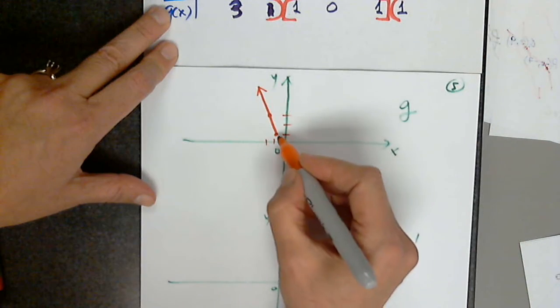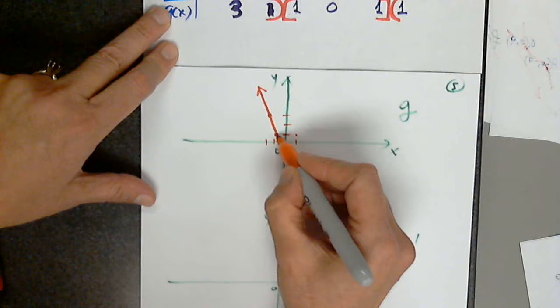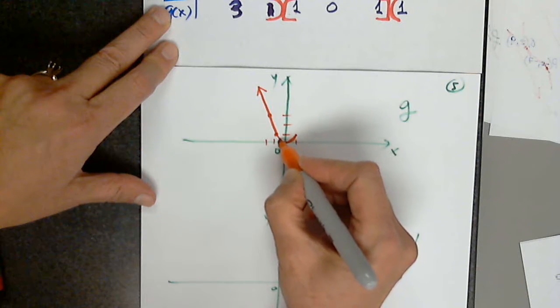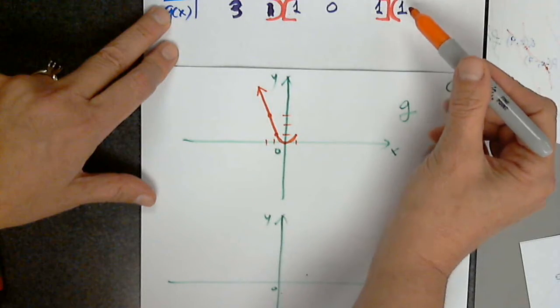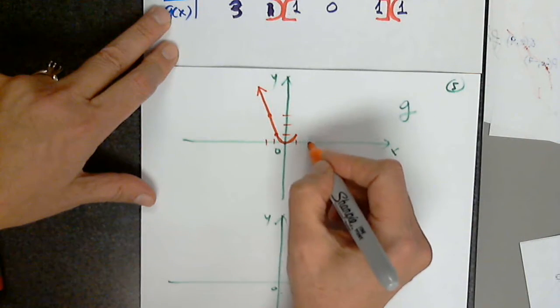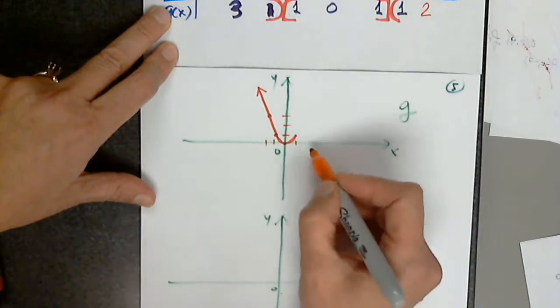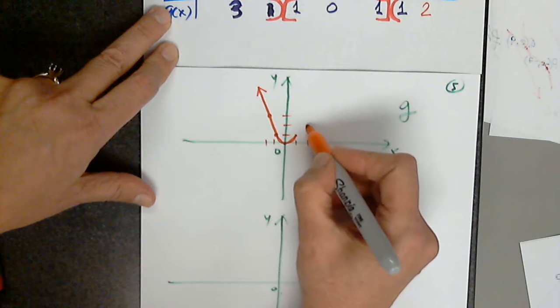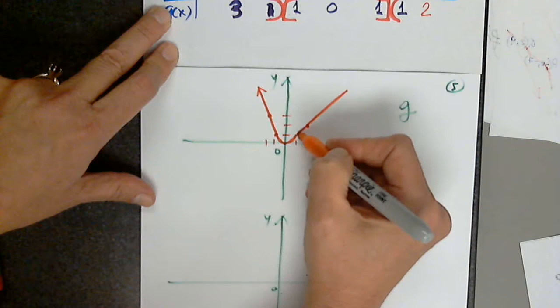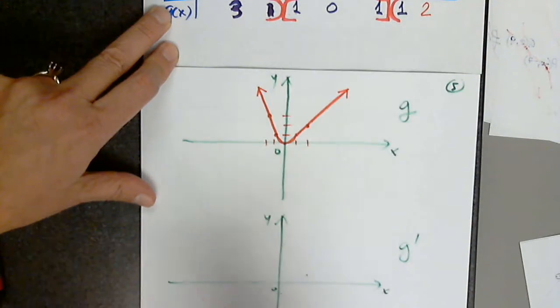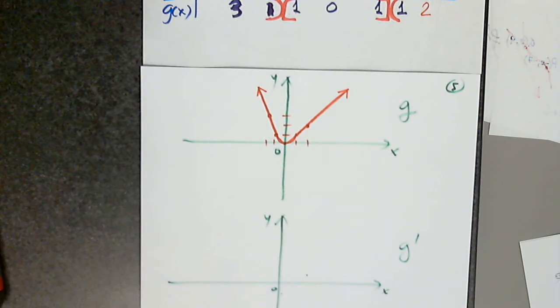Then in the middle, this is quadratic. And then another linear function, 1, 1, 2, 2. Very good.